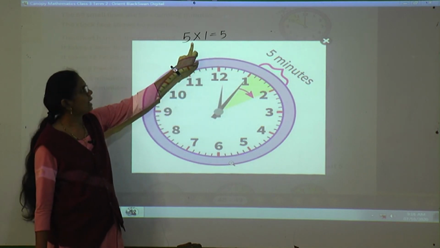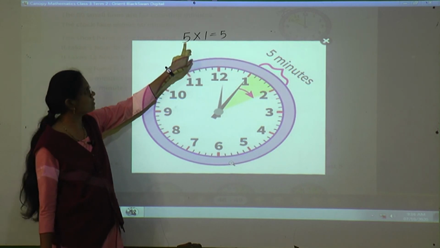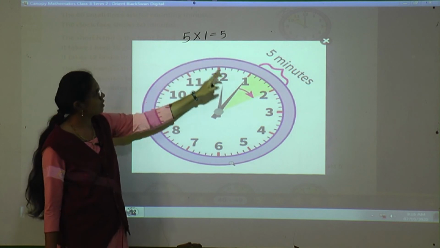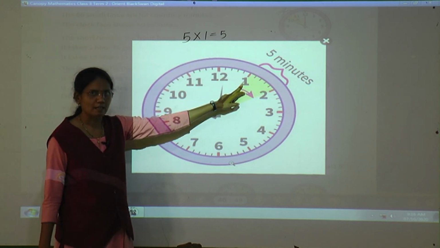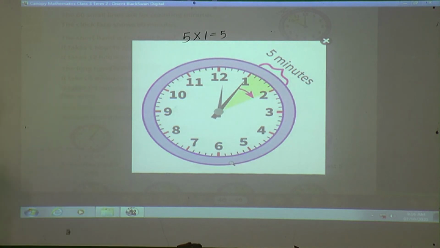So we have to multiply 5 into 1, because 5 small lines are there. 5 ones are 5, means 5 minutes have passed.